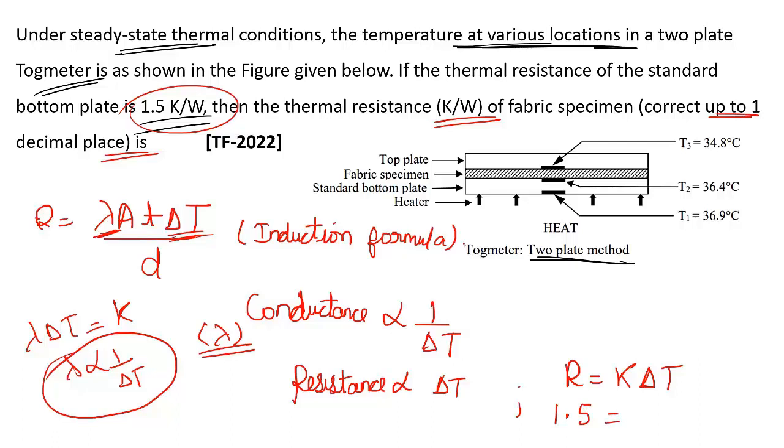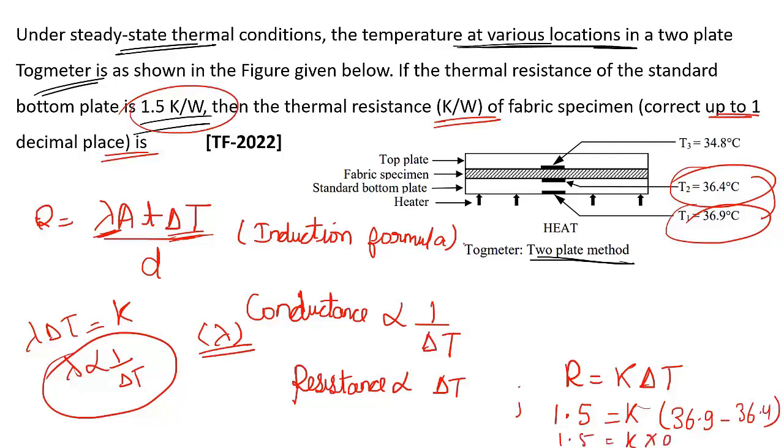The change in temperature between T2 and T1 is 36.9 minus 36.4. So 1.5 is equal to K into 0.5. Then K comes out to be 3.